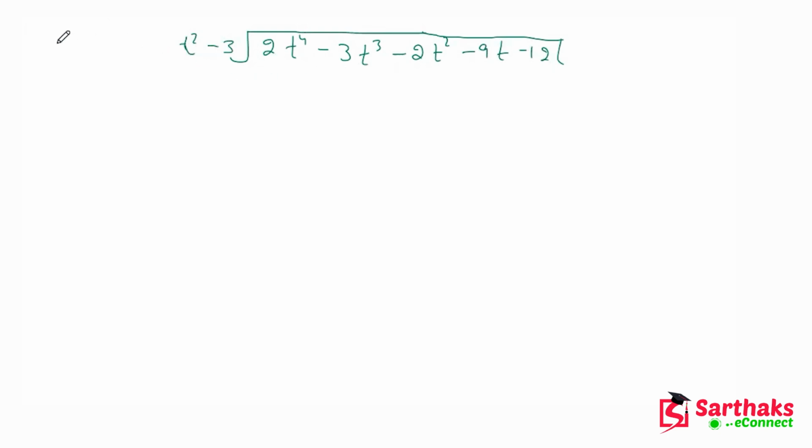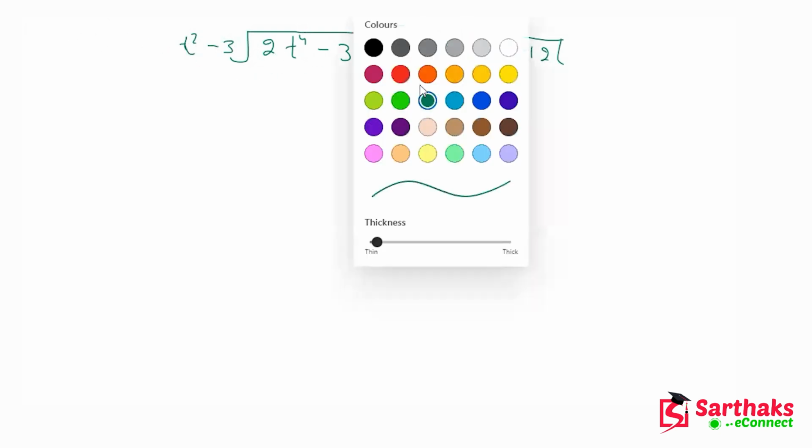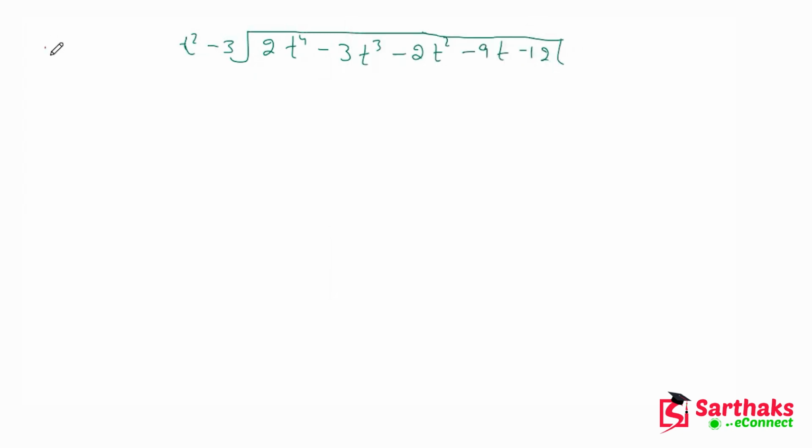Now, first of all, what we have to do? Twice of t raised to power 4 divided by t square, we get twice of t square. Okay, now we can write here twice of t square. Now this twice of t square, we have to multiply t square minus 3.